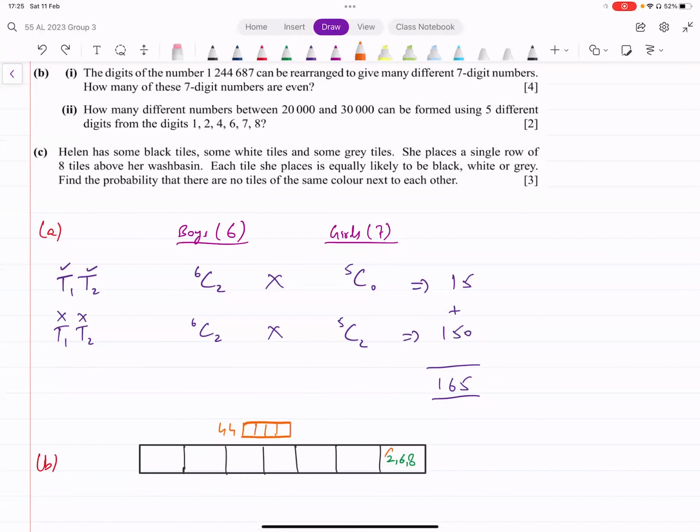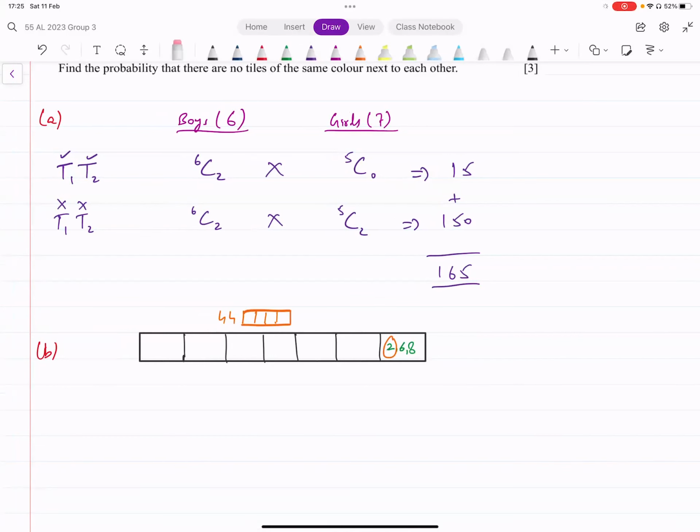Let's say अगर आपने 2 डाल दिया end पे, बाकी numbers क्या रह जाएंगे? 1, 4, 4, 6, 8, 7. 2 4s आ रहे होंगे, और बाकी चारों numbers जो भी होंगे वो different होंगे. Okay, so how many arrangements do you have for this then?